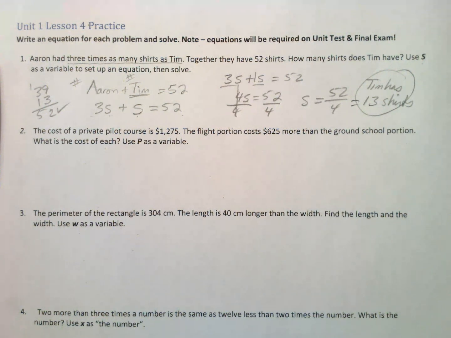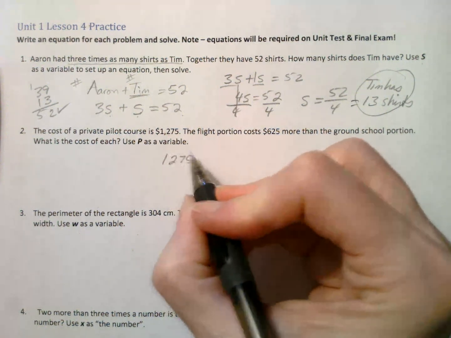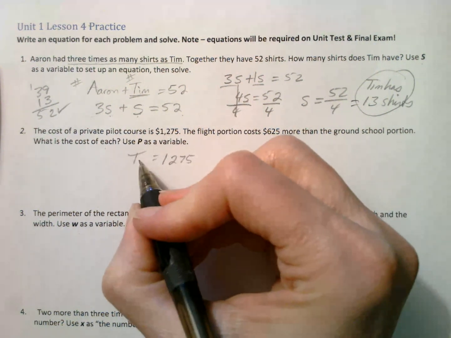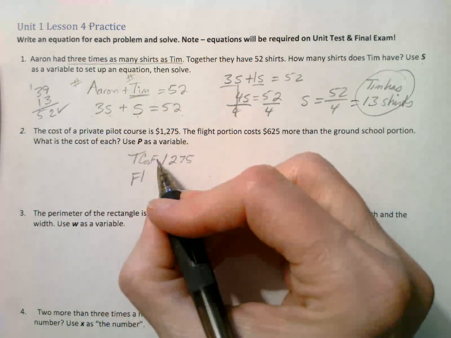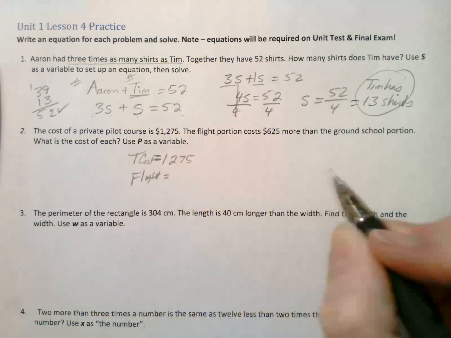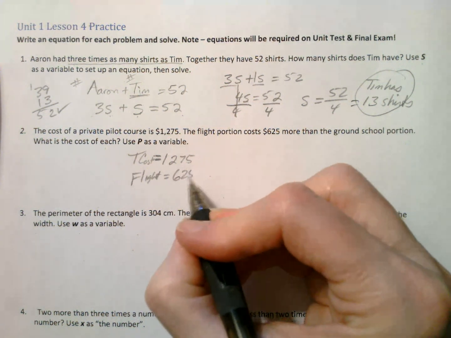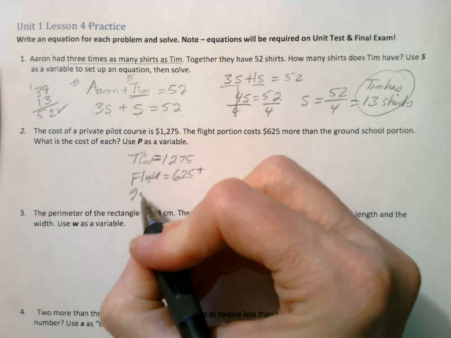Let's see. Number 2, the cost of a private pilot course is $1,275. That's my total cost. The flight portion costs $625 more than the ground portion.